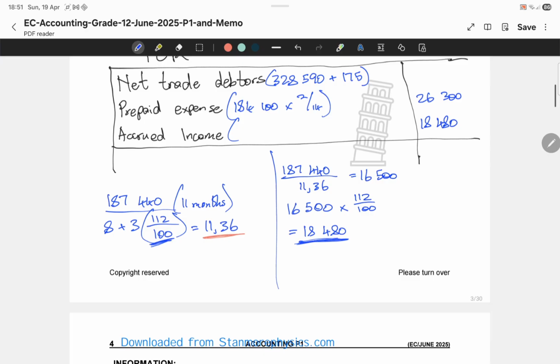Okay, so then you must open in bracket, to get full marks, not extra marks, it's full marks. You're gonna say 16,500 multiplied by 112 over 100, then the answer is this one. Then let's add the net trade debtors.